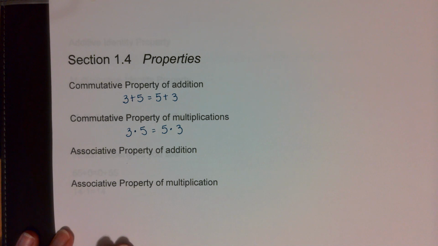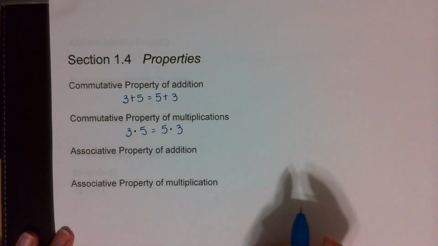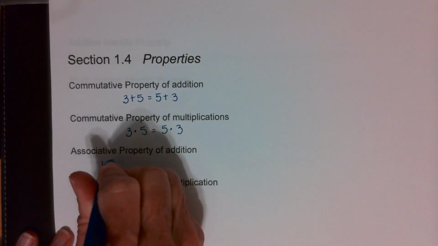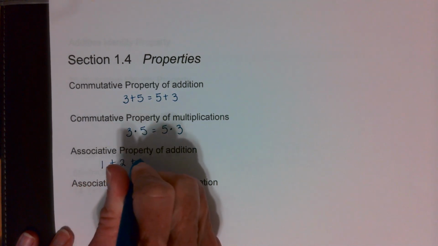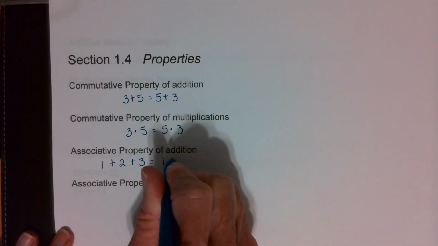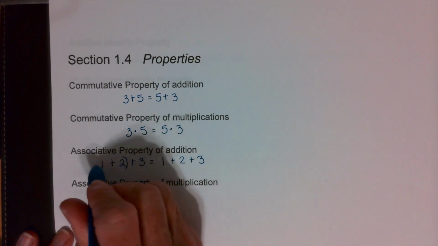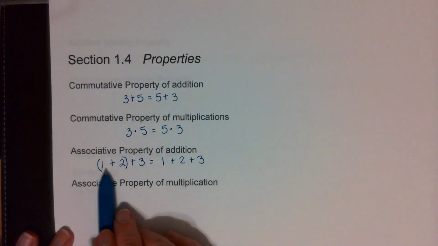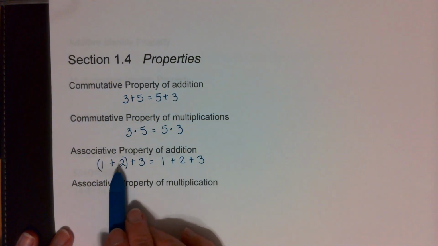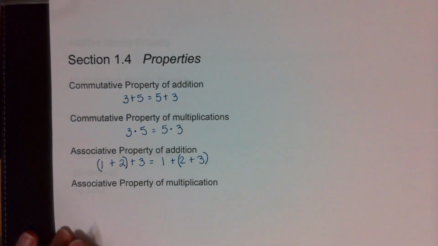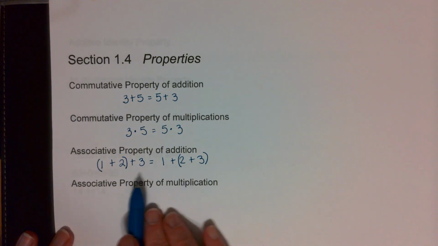Associative property of addition has to do with who associates together. So the order does not change. 1 plus 2 plus 3 equals 1 plus 2 plus 3, but what changes is who associates together first. On the left side, the 1 and 2 associate first. On the right side, the 2 and 3 can associate first, and it doesn't change the answer to your problem.